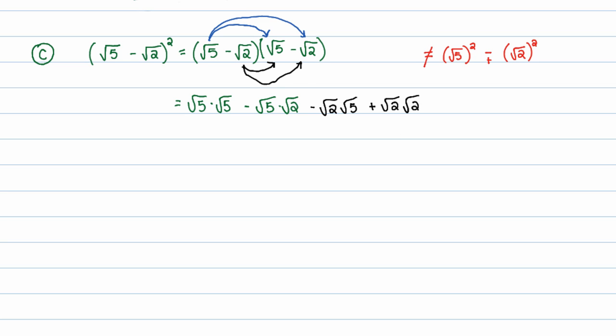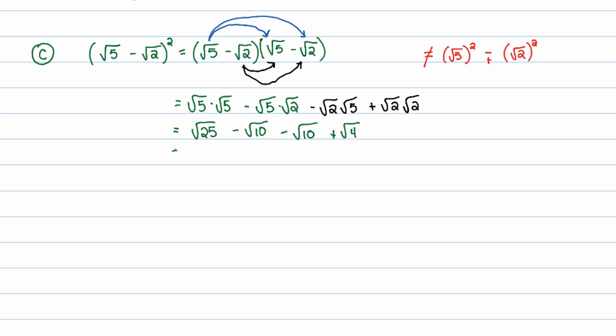Now we just clean this up. Root 5 times root 5 is square root of 25, minus the square root of 10, minus the square root of 10, plus square root of 4.